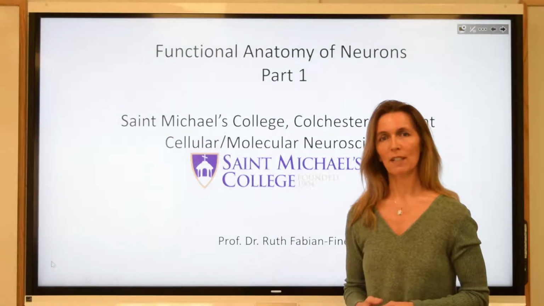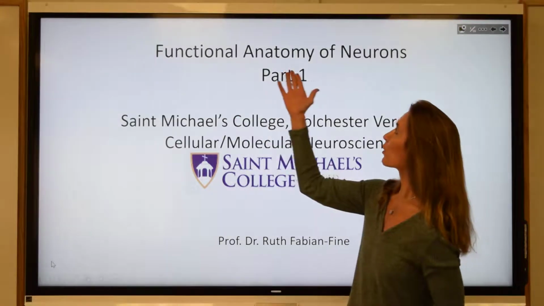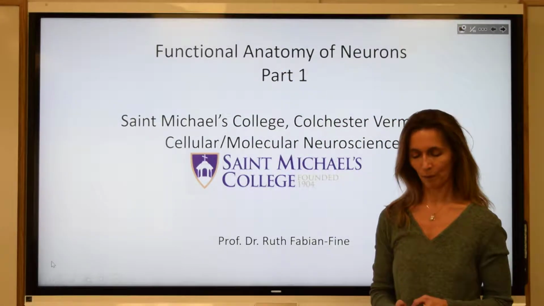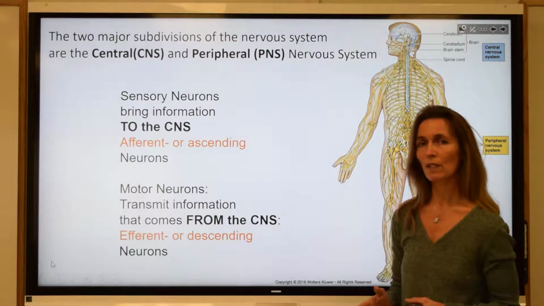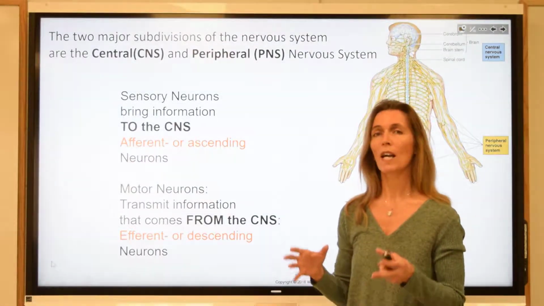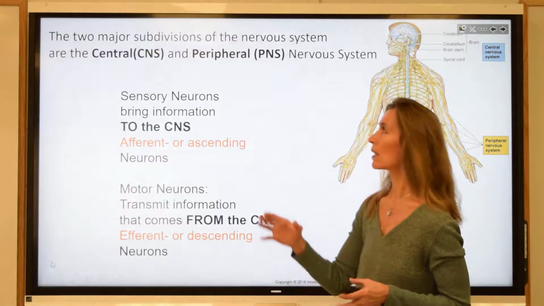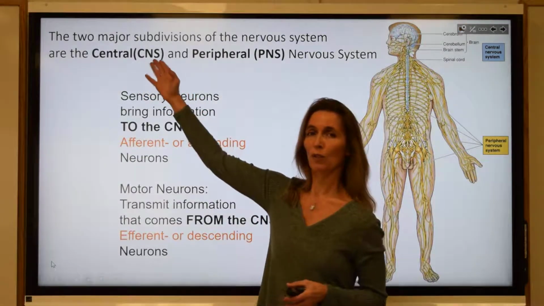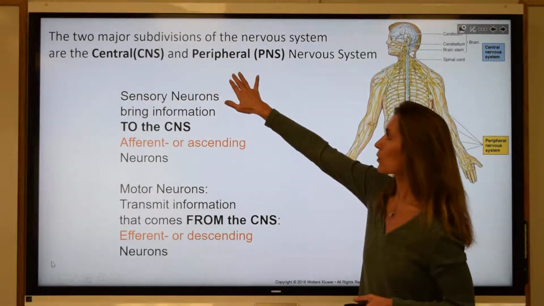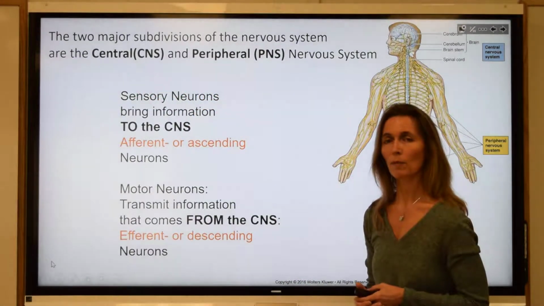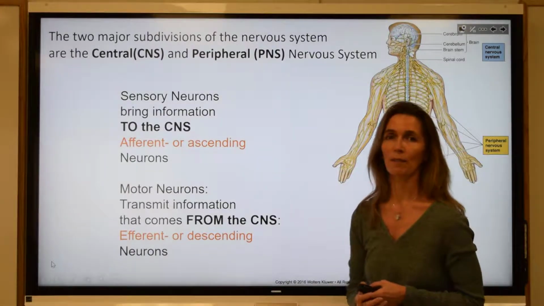The first lecture in this series is concerned with the functional anatomy of neurons. First of all, I would like to introduce the nervous system to you. The nervous system is composed of two major subunits. The first one is called the central nervous system, abbreviated CNS, and the second one is called the peripheral nervous system, abbreviated PNS.